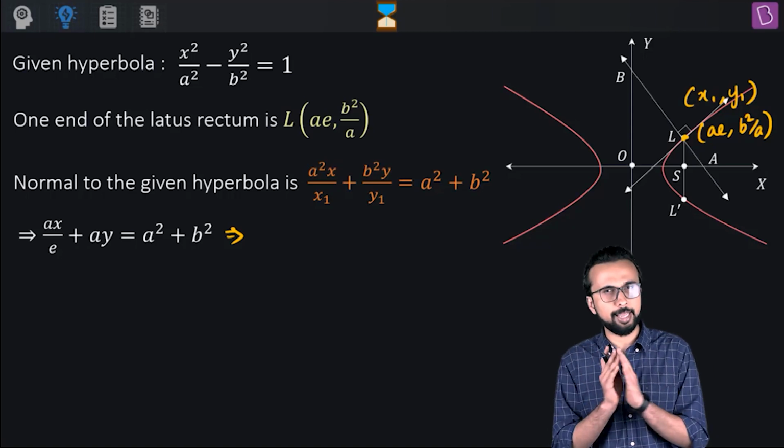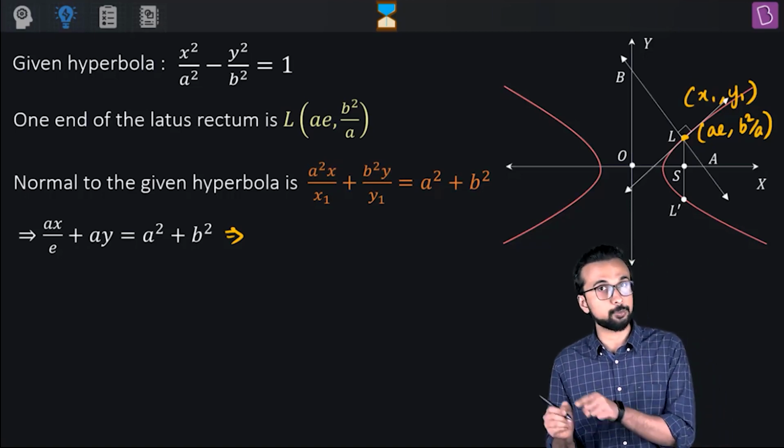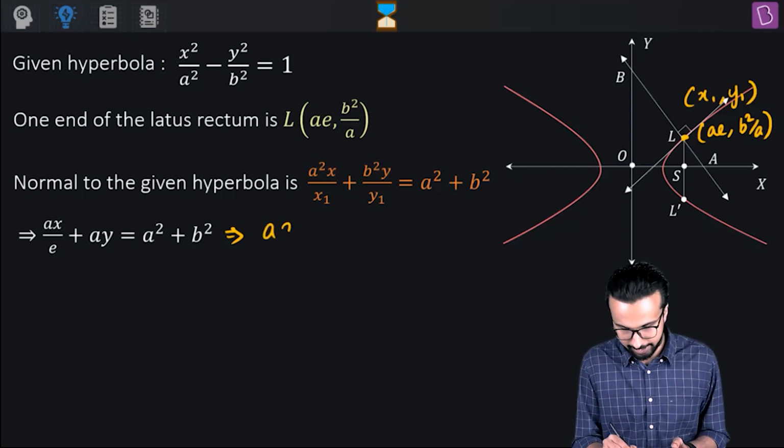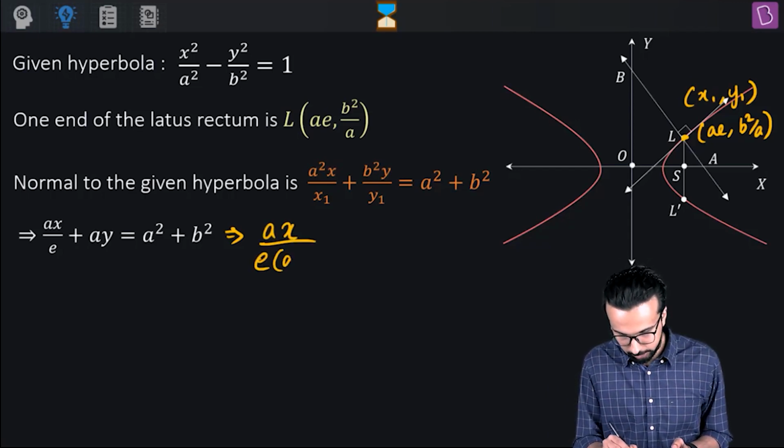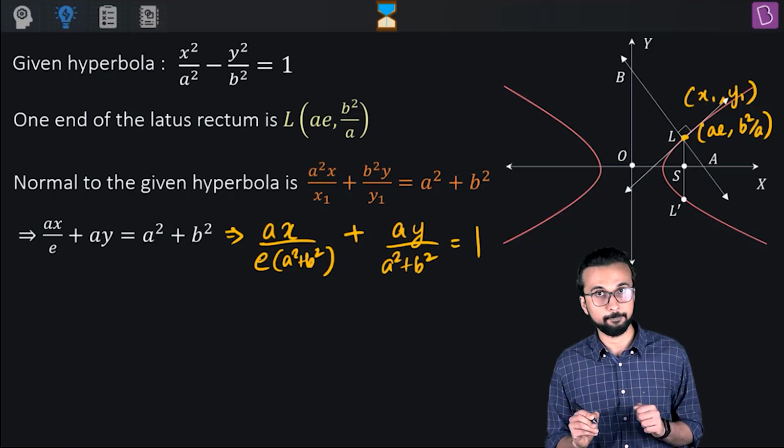I'll divide the whole thing by a square plus b square, which makes my RHS 1. So then this becomes ax by e into a square plus b square plus ay divided by a square plus b square equal to 1.